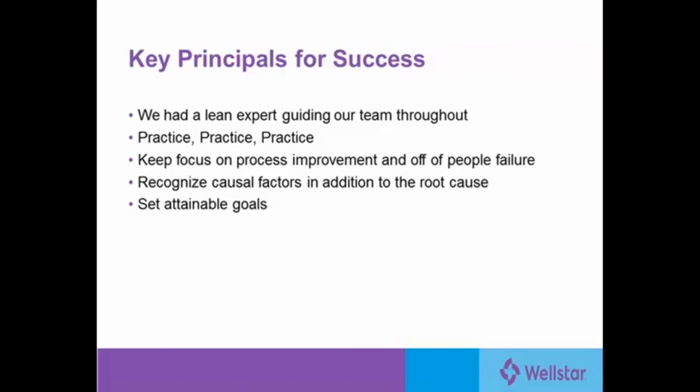And we also tried to focus on the parts of our process that did, so that we made sure to keep those in our overall performance. And then with the help of that fishbone, we recognized our causal factors in addition to the root cause, so we knew what else could be impacting that. And then we set really attainable goals so that our team could feel the movement and the success that we had.